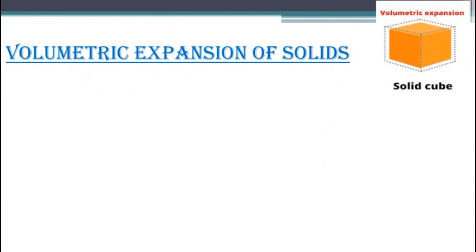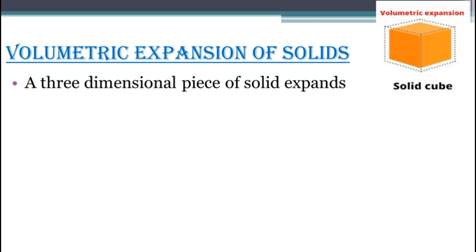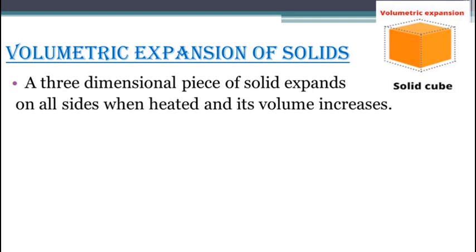Next is the volumetric expansion of a solid. This is the third type of expansion of a solid, in a solid cube. Similar to a sheet, a three-dimensional piece of a solid expands on all sides when heated, and its volume will increase.